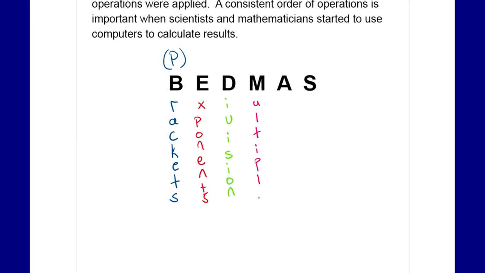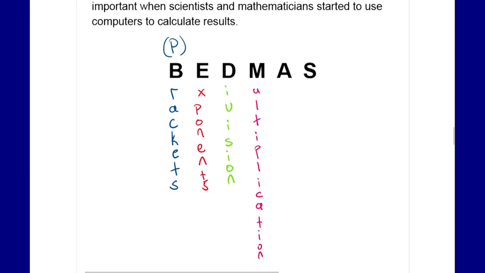It's different to writing it straight up and down. Multiplication. And with these two, it depends on the order. When we're dealing with division and multiplication, it's whichever one comes first.